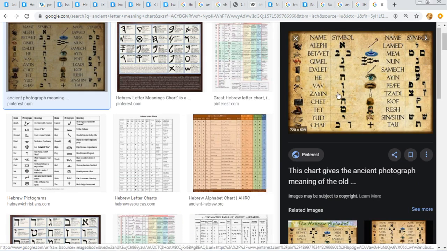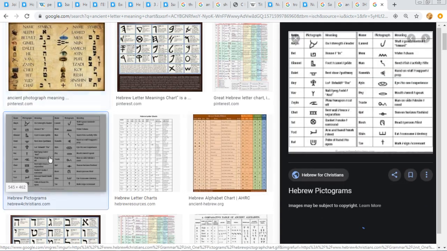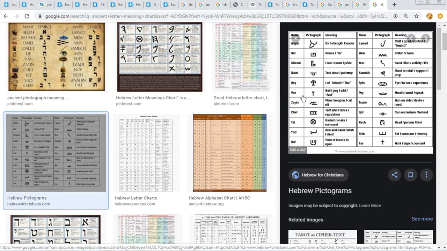They're all the same. And this is the Vav. You see the three pins here, and that's what this letter represents. 1, 2, 3, 4, 5, 6. And this is a cotter pin that held your wagon wheel on. It means to connect. It's the 6.